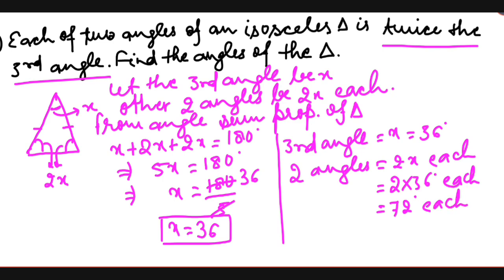Therefore, in this triangle we will be having one 36 degree angle and two 72 degree angles. Is it clear? So this is how we will be solving these kinds of questions. Now let's move to the next type of question.